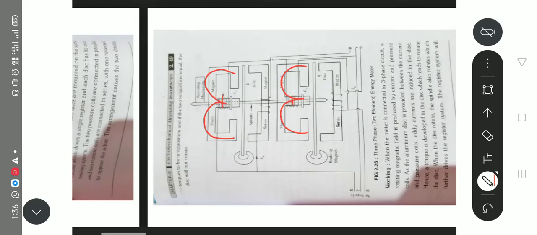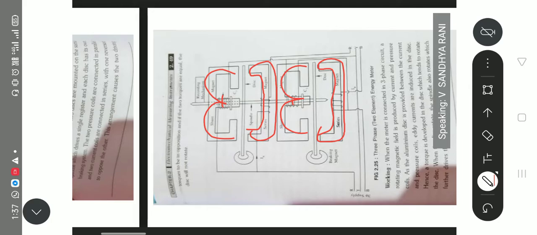These pressure coils are connected in parallel to the load. And here two current coils are connected on series magnets. This U shape material is the series magnet. The series magnet carries the current coil. This one is the current coil. The current coil is connected on the series magnet.